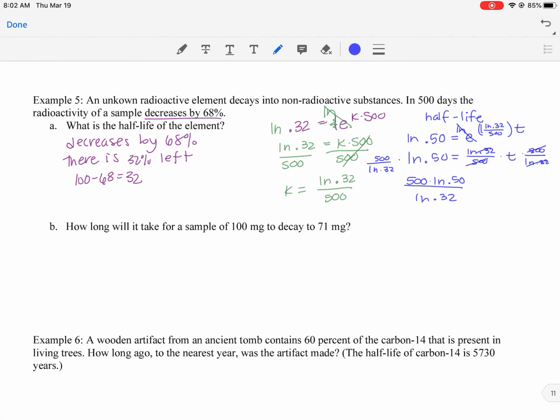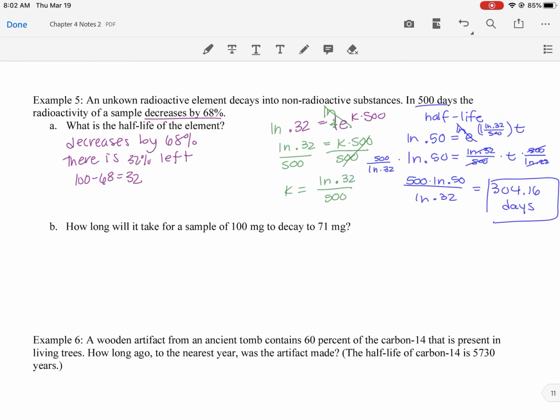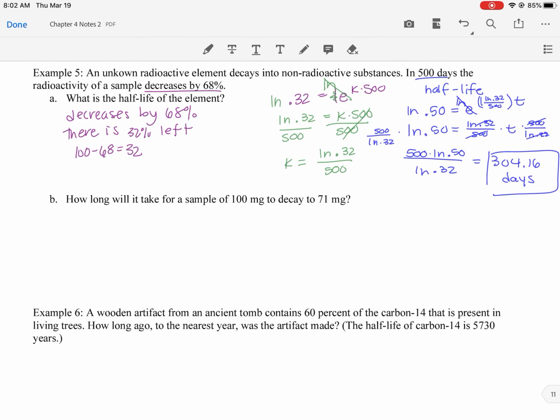And when we get an answer, we've got that t, or the time, equals 304.16. Since it originally was in days, we've got days again. Notice here, at 500 days they had 32% left, so does it make sense it's less days? Sure enough, it does.